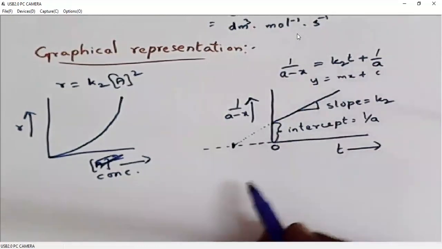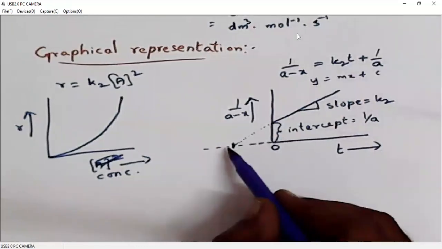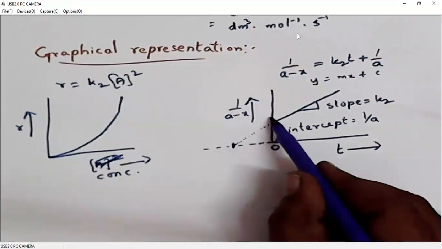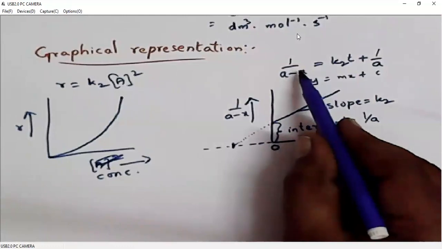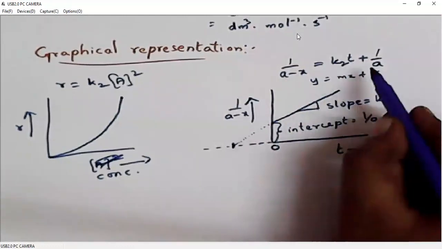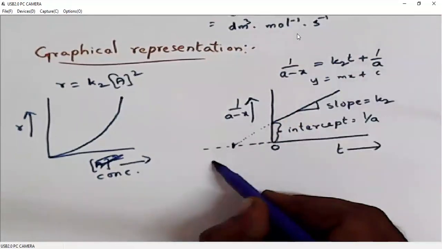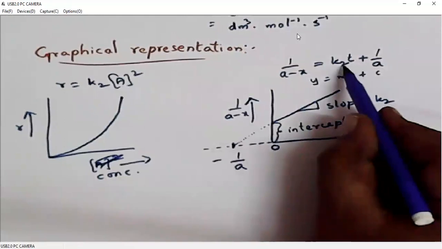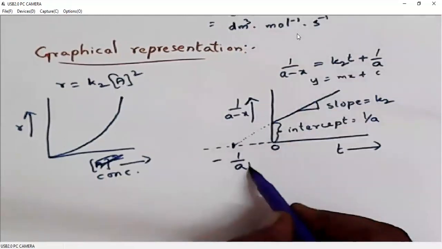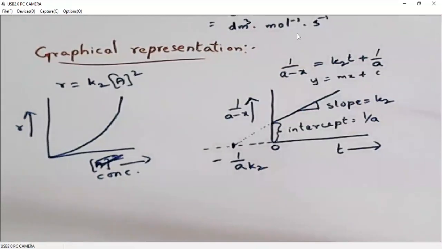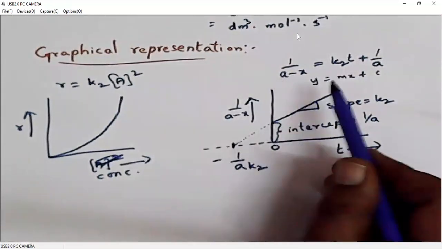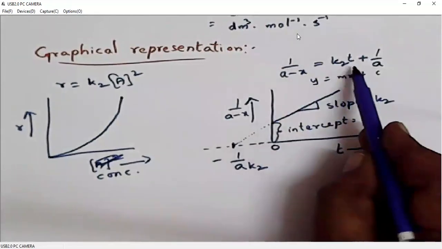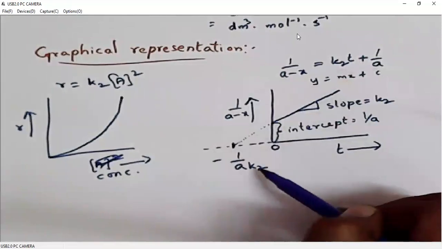Similarly, if you want to know anything on the x-axis, we put y equal to 0. So make 1 by (a minus x) as 0. Then t is equal to, 1 by a is a plus, and when it comes to this side it becomes minus 1 by a. k2 is a multiple, so it should be a denominator. So when you make 1 by (a minus x) as 0, then t is equal to minus 1 by (a into k2).